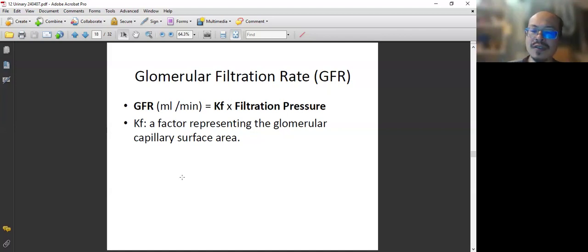Because the kidney's function is to clean the blood, the way to quantify the kidney function is to quantify the glomerular filtration rate. So GFR. There are some variations, something like eGFR.